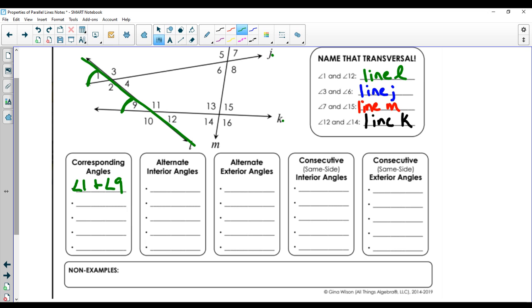What I'm calling the neighborhood, guys, is this group of 4 angles right here. 1, 2, 3, 4. 9, 10, 11, 12. Okay? 1 through 4 is a neighborhood. 9 through 12 is a neighborhood. And 1 and 9 are both in the top left corner. They are corresponding. Okay? Another pair would be angle 2 and angle 10. And you could list the other ones there for that green line too.